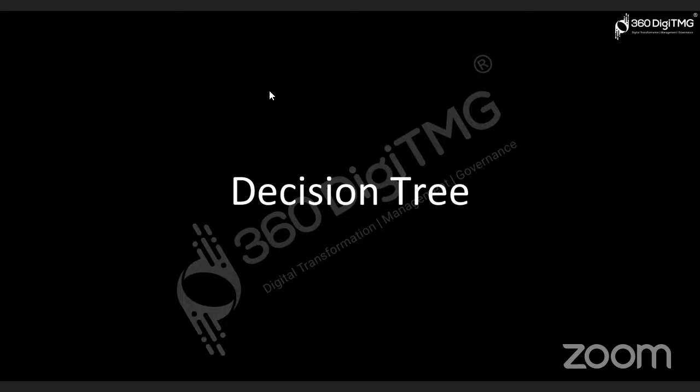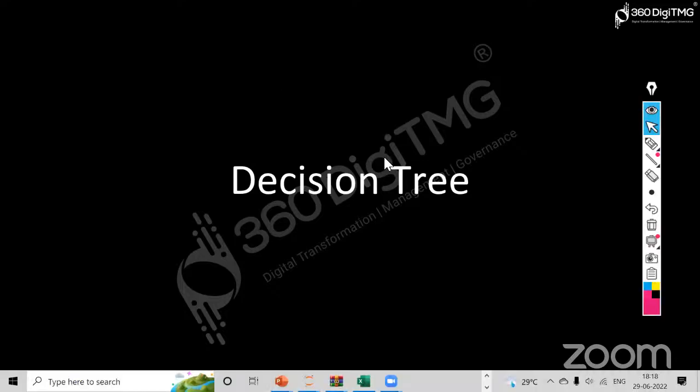Decision node is also called the root node. In one decision node, for example, let's say this is your decision node.